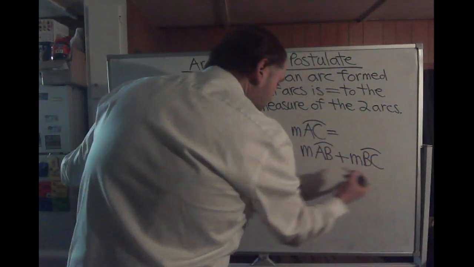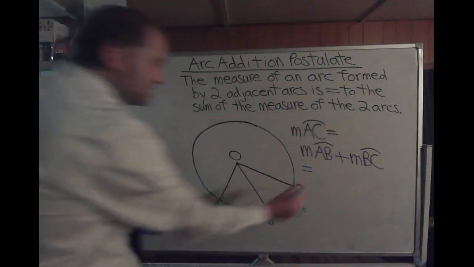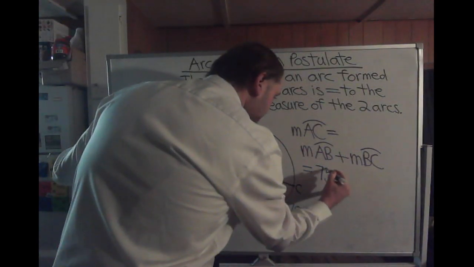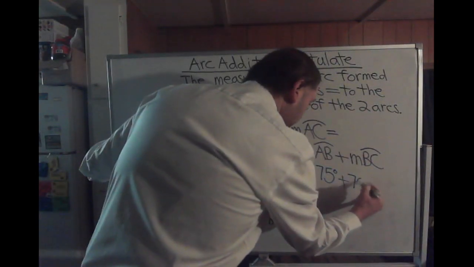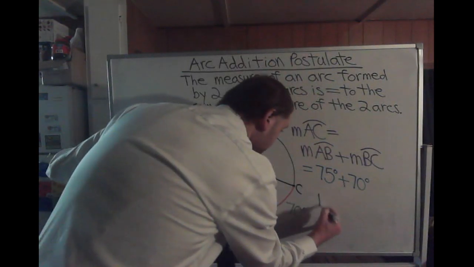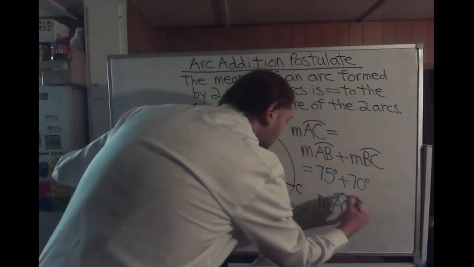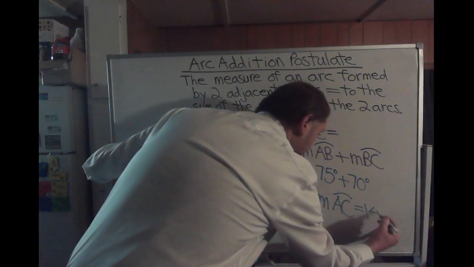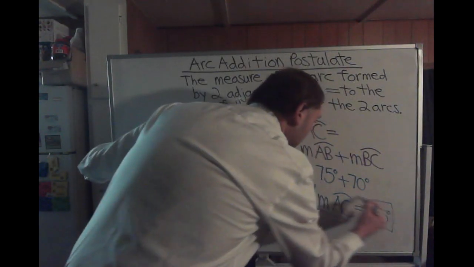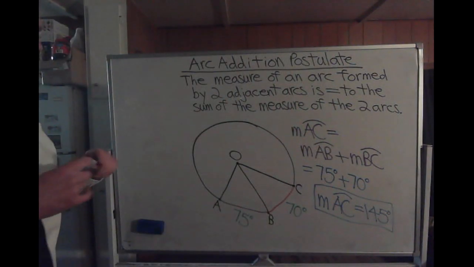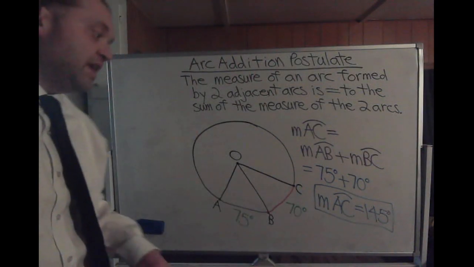Well, that's going to be equal to, of course, the measure of arc AB, which is 75 degrees, plus the measure of arc BC, which is 70 degrees, which then means that the measure of arc AC would be equal to 145 degrees. So that's all this postulate is saying.